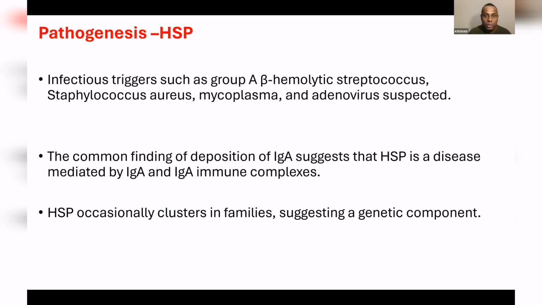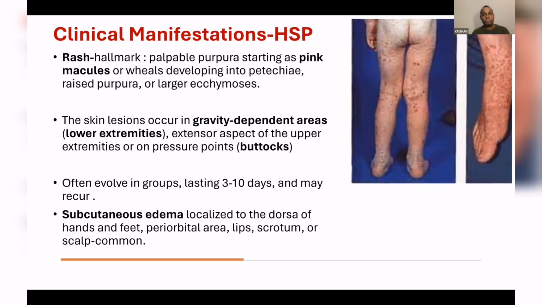And there is deposition of IgA, immunoglobulin A, in different parts of vessels that could trigger the pathogenesis. And HSP really could be clustered in families. So if you get an MCQ, HSP could be familial. Yes, that might suggest there could be some element of genetics involved in HSP pathophysiology or pathogenesis.